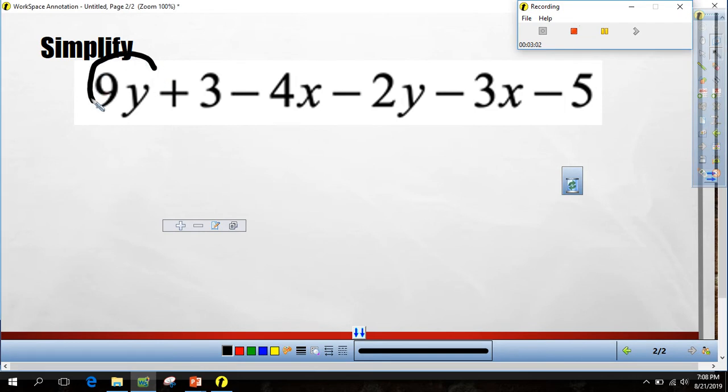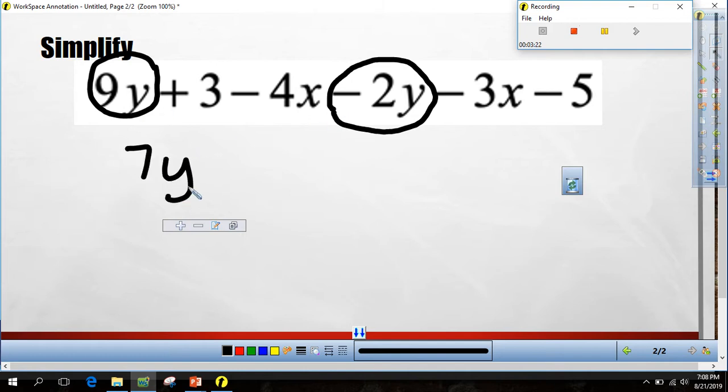So I have a 9y, and I'm going to go through and circle all of my y's, keeping the number, the coefficient out in front, and the sign together. So I have a minus 2y, and that's all my y's for the problem. So if I have 9y minus 2y, that gives me 7y.